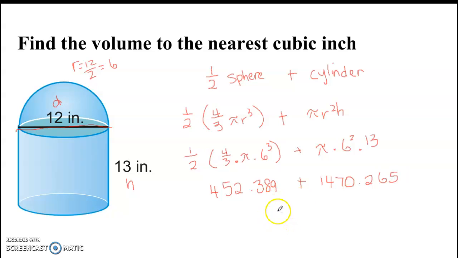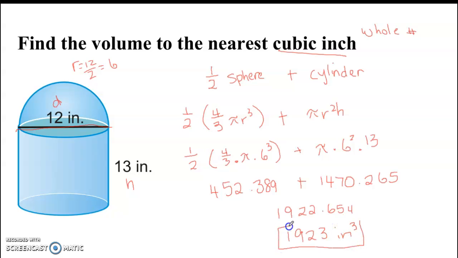When I add these now, you should get 1,922.654. We're rounding to the nearest cubic inch, which is a whole number. So this will work out to be 1,923 inches cubed. And that's my final answer.